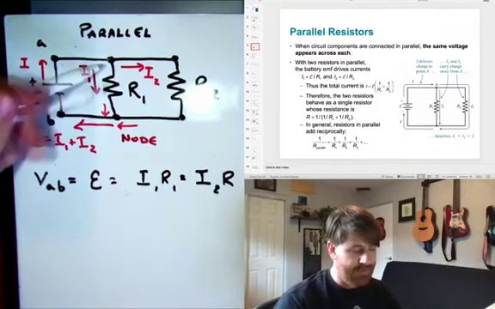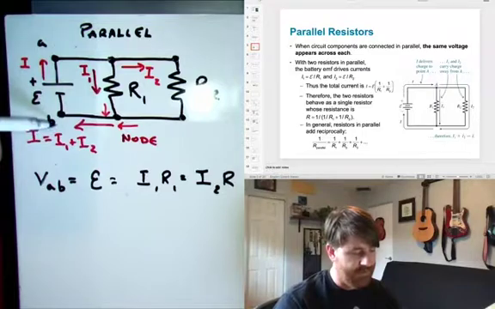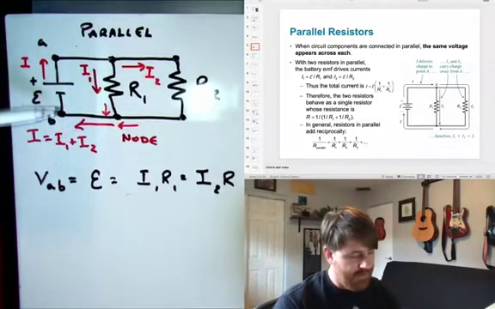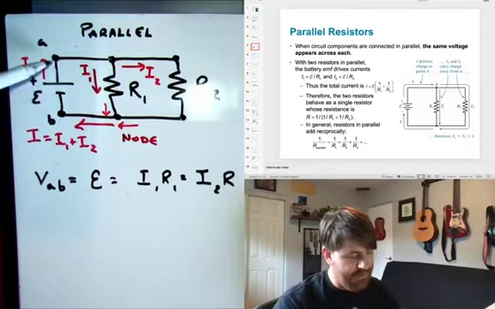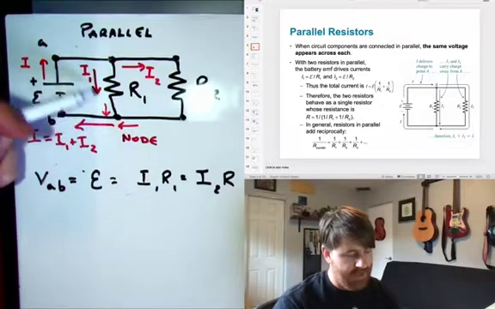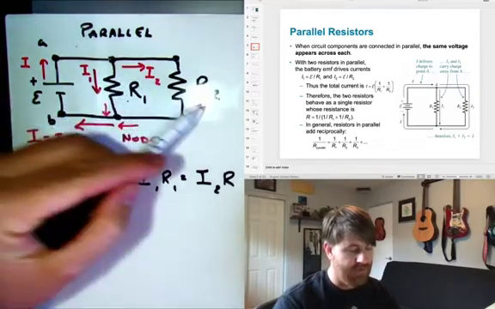There's a drop in potential across the resistor. So if I'm going this way, it's a decrease. If I go this way, it's an increase. But the change in potential, the potential of A relative to B, is this EMF. It's also equal to I1 R1 from Ohm's law. It's also equal to I2 R2.